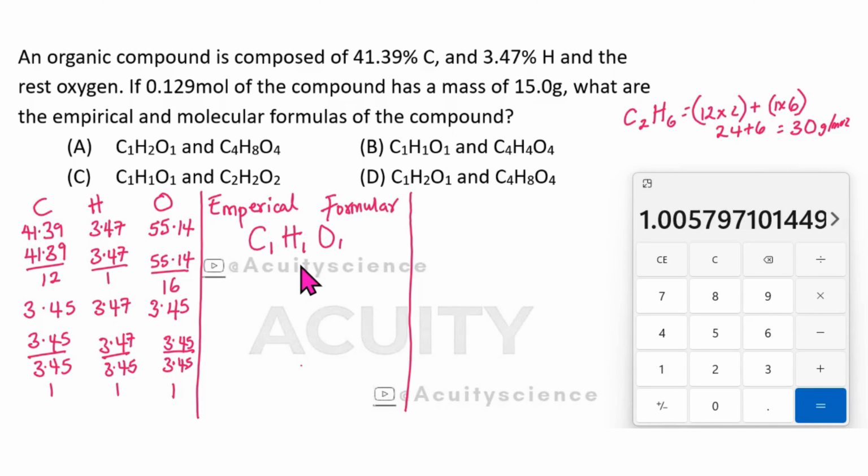Now, this is just a ratio formula. The molecular formula could be C2H2O2, or 3, 3, 3, or 4, 4, 4. How do we know the exact one? Whatever that exact one is, is our molecular formula.